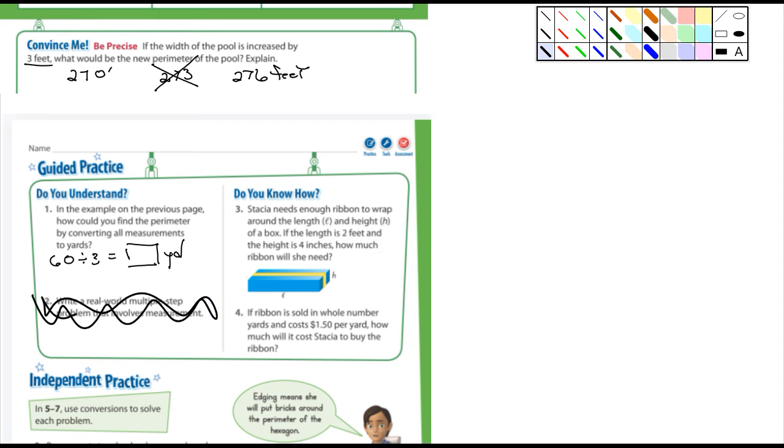That's going to help. So 2 feet is 24 inches. So give me the total in inches. That's what I'm looking for. How much ribbon will she need? I'm going to highlight this one. You guys can do this one for class craft for some points.